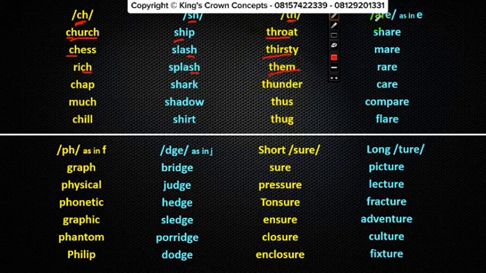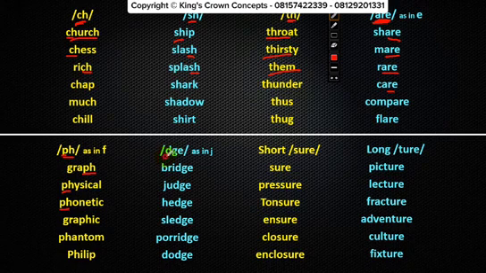We have ARE as in air: share, mare, rare, care. We also have PH as in the sound f, as in graph. We have graph, physical, phonetic.